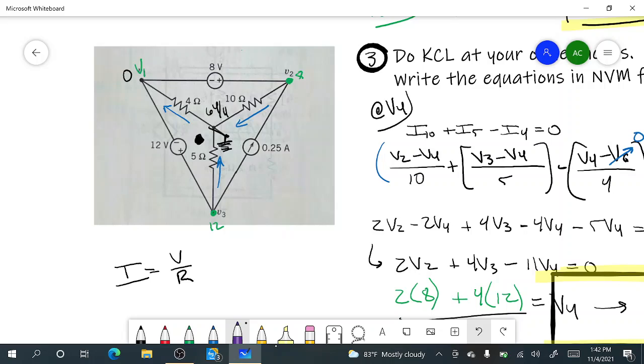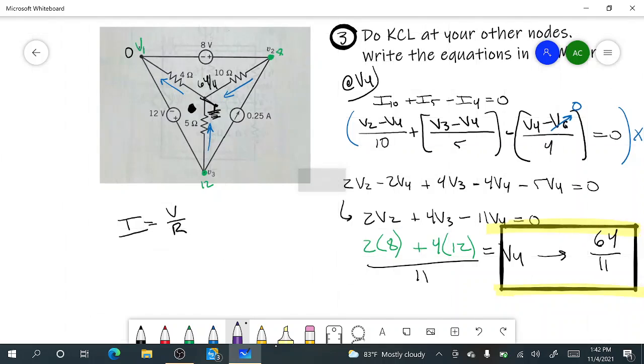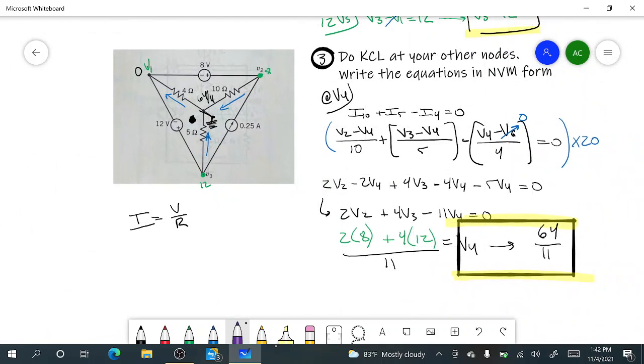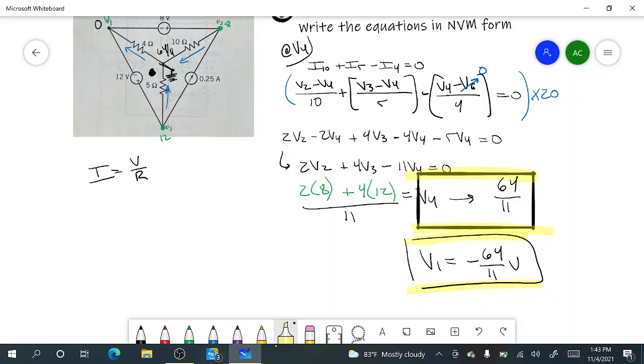And so what that means is V1 in actuality, with respect to how I was doing it in the beginning, is actually just going to be negative. So V1 is actually equal to negative 64 over 11 volts. And that's that. That's literally how that's done. It's not that big a deal.